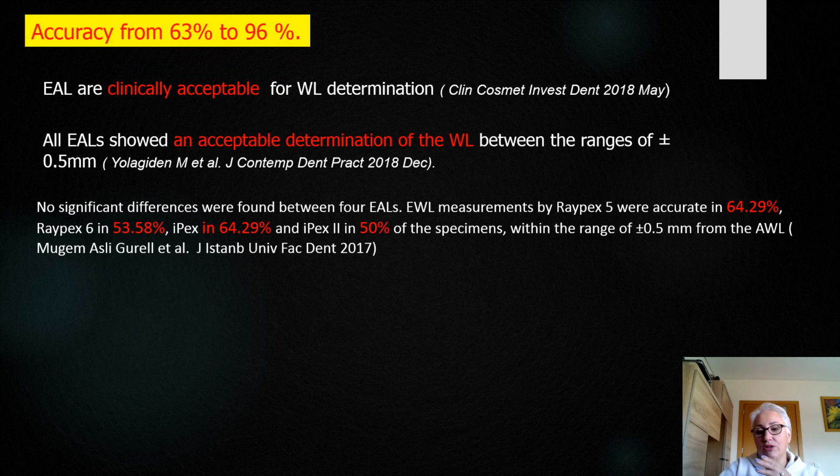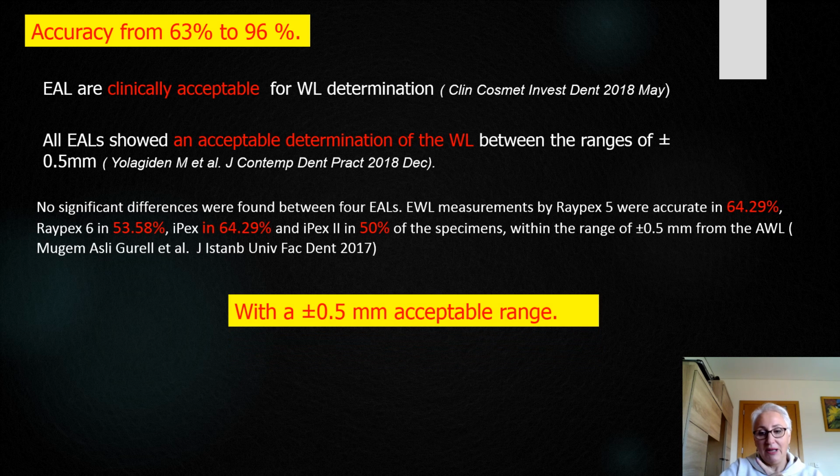According to different trials, the accuracy can vary from 63% to 96%. But what's the problem with the average acceptable range of plus or minus 0.5 millimeters? What does this 0.5 millimeters mean for us clinically?